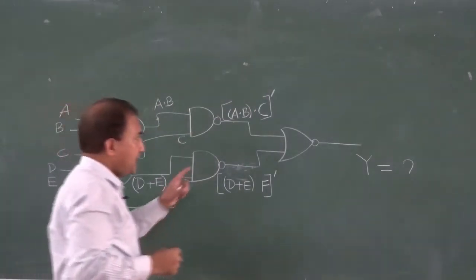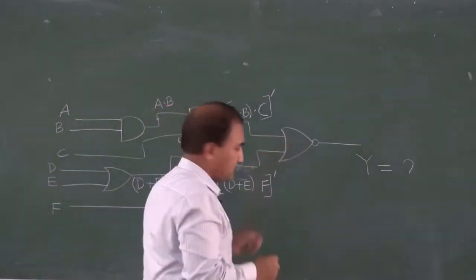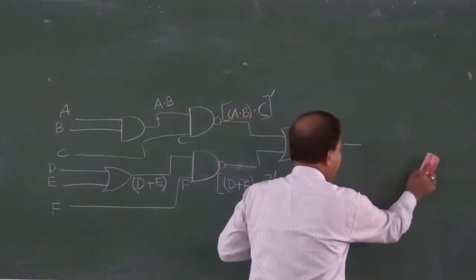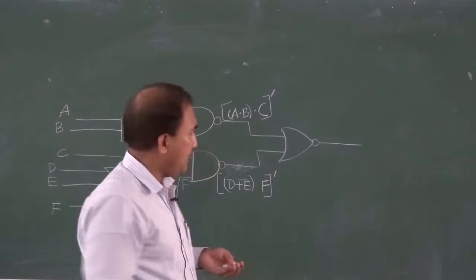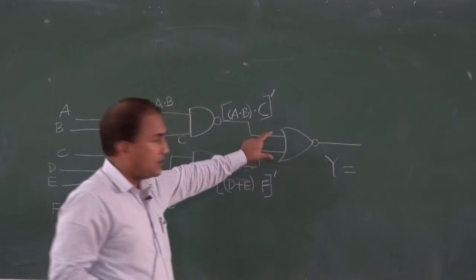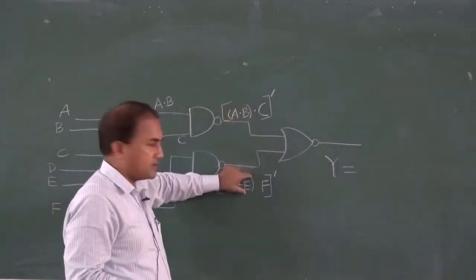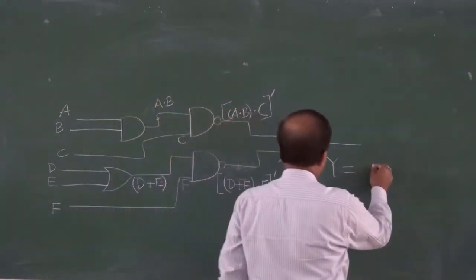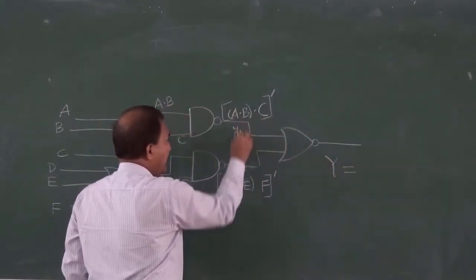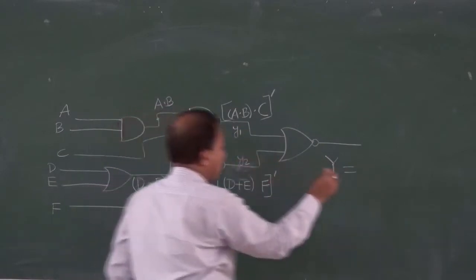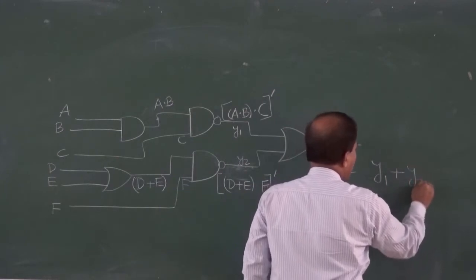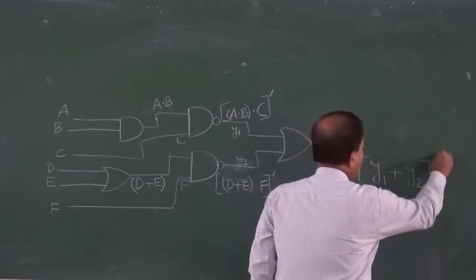Then what will be the output at this point? If you are getting the output at this point, then this will be your output Y. So Y is equal to NOT of these two inputs. Say the inputs are Y1 and Y2. So Y will be equal to Y1 plus Y2 complement.